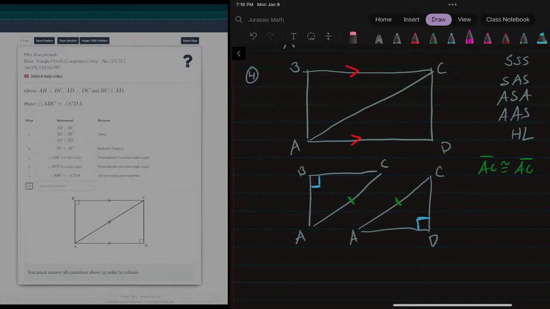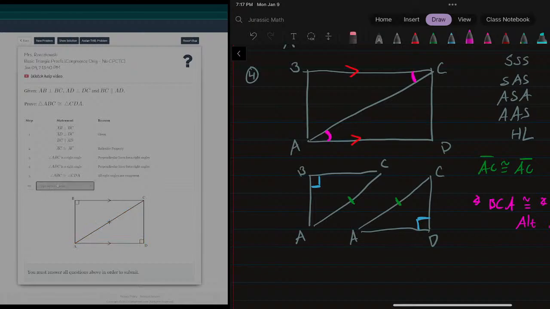Parallel lines means that this angle in pink and this angle in pink or purple are congruent. So I can say angle BCA is congruent to angle DAC by alternate interior angles.